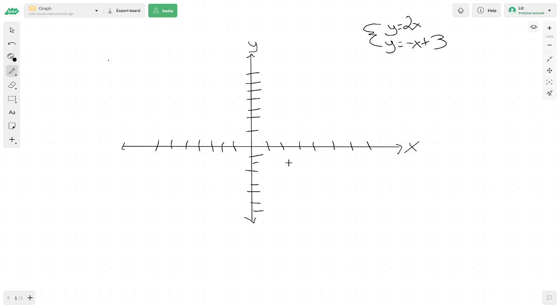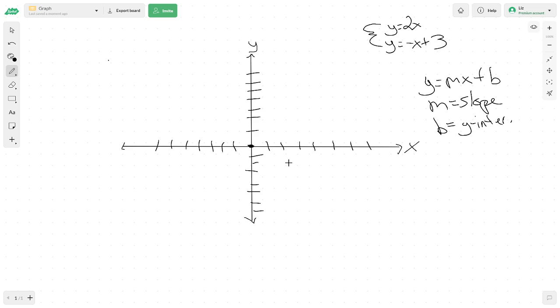So first I have 2x. Well, we know for y equals mx plus b, m is our slope and b is our y-intercept. So there is no b on the first one, so our b is just going to be 0. So I'm just going to plot the point there. And then our slope is going to be 2.